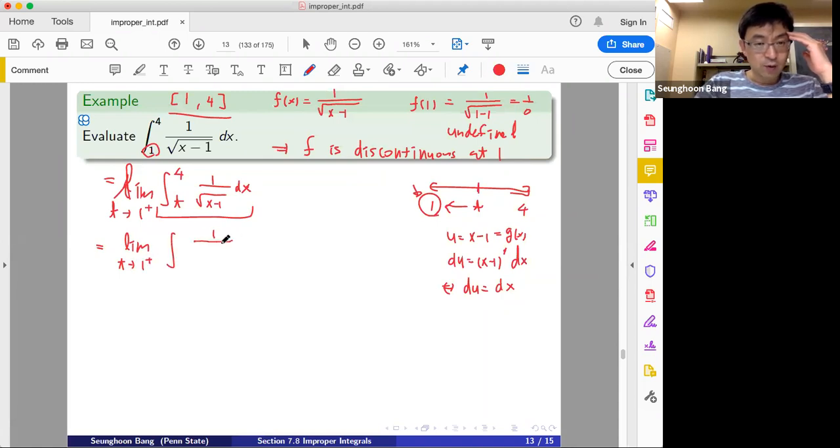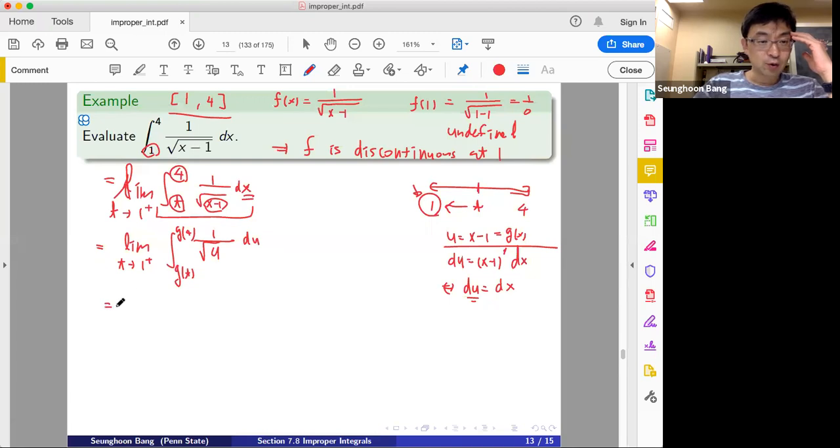The integral of 1 over the square root of x minus 1 becomes the square root of u, and dx is du. So you have to change the lower and upper limits by using the relation of u and g of x: g of t and g of 4.